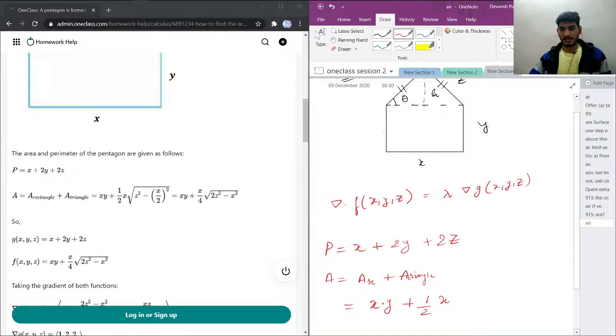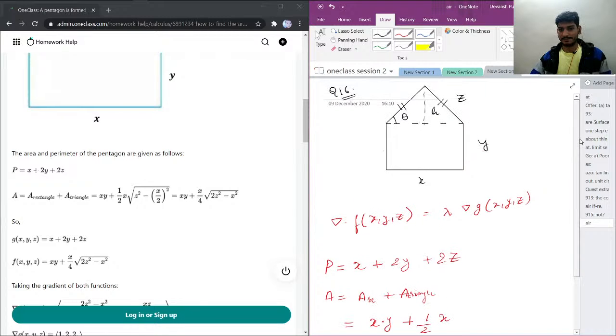So height we can calculate from Pythagoras theorem. This is basically x over 2, so x over 2 whole square plus h square equal to z square. H will be under root of z square minus x by 2 whole square.